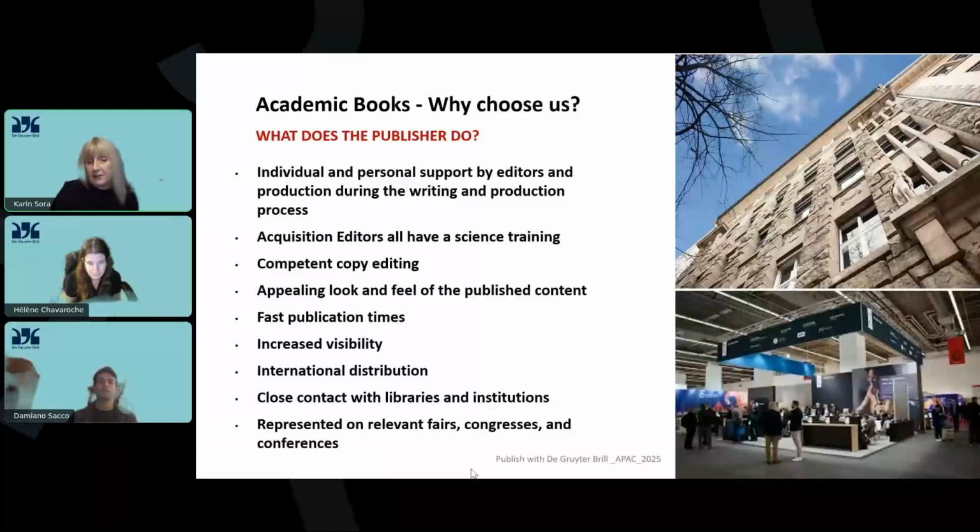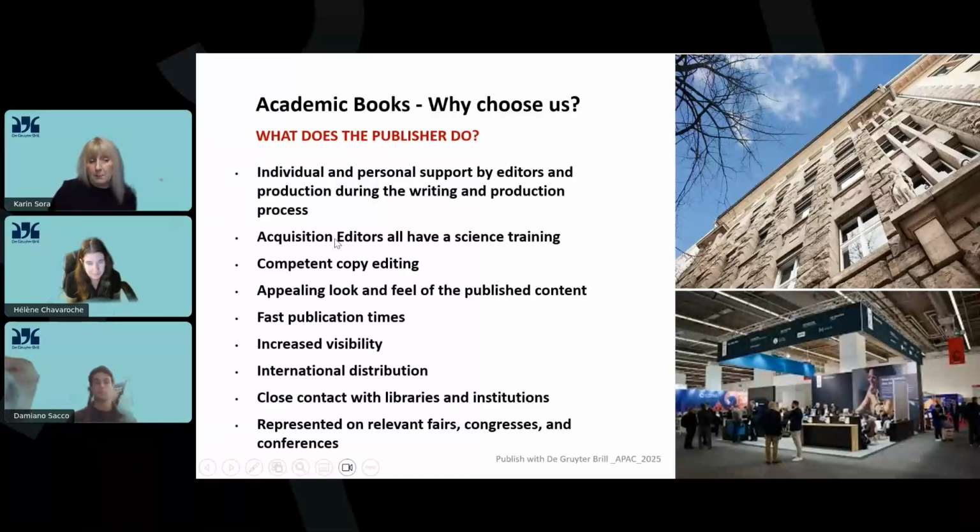Why would you choose De Gruyter? So this is the main house in Berlin, and this is how we are represented at a fair. So we give you individual and personal support by editors and then production during the writing and production process. All our acquisition editors have a science training.